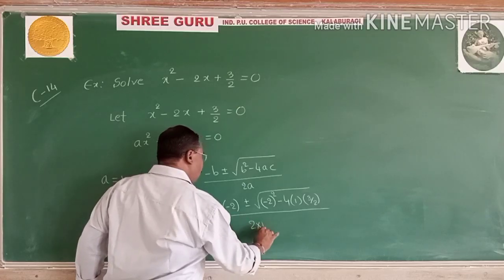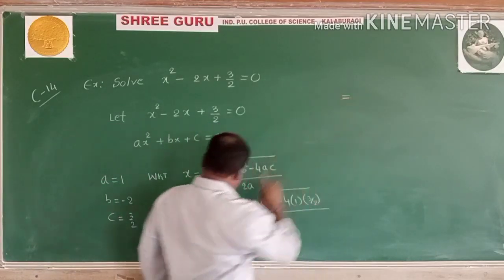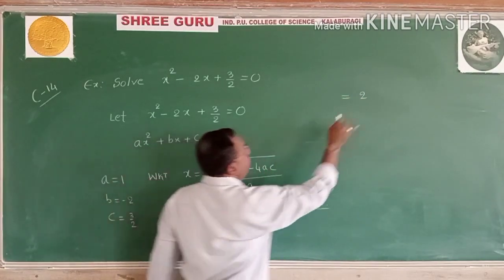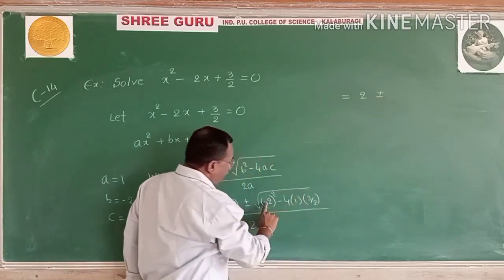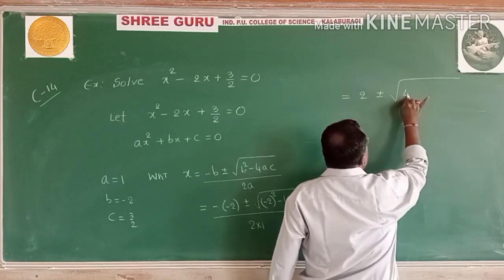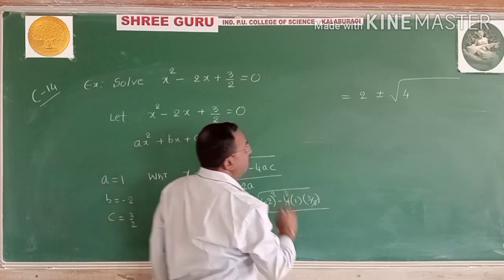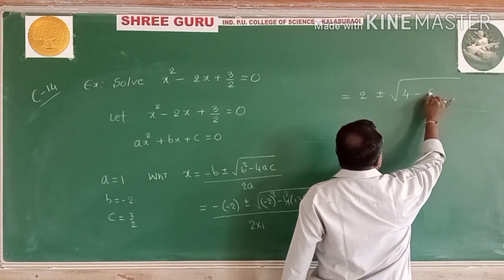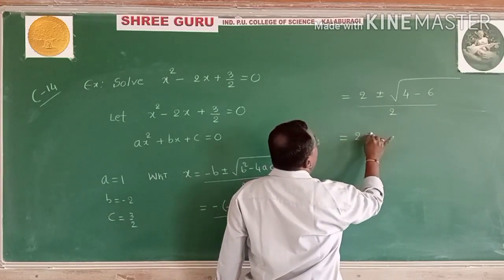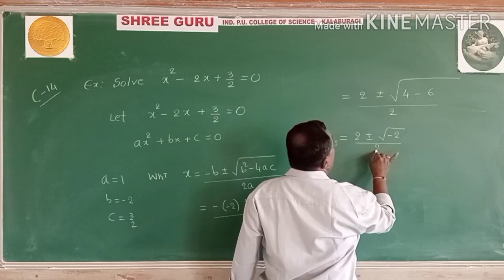2 into 1. That is equal to minus minus plus 2 as it is, plus or minus, negative square always positive. Square root of 2 square is 4, 2 ones are 2, 2 twos are 2 into 3 is 6, minus 6, divided by 2, is equal to 2 plus or minus, here minus 2 divided by 2.